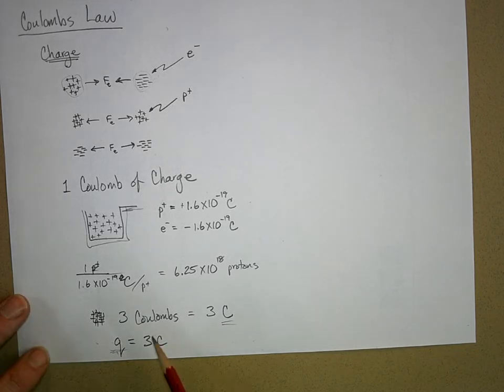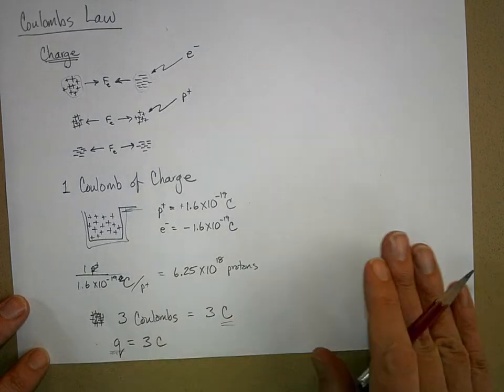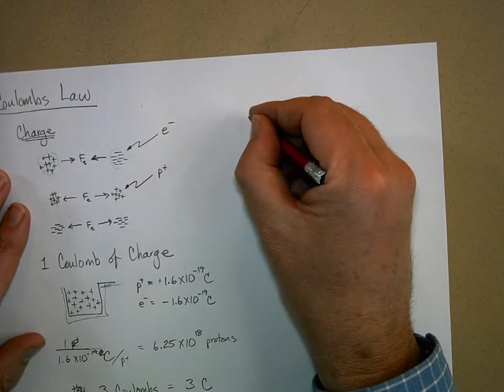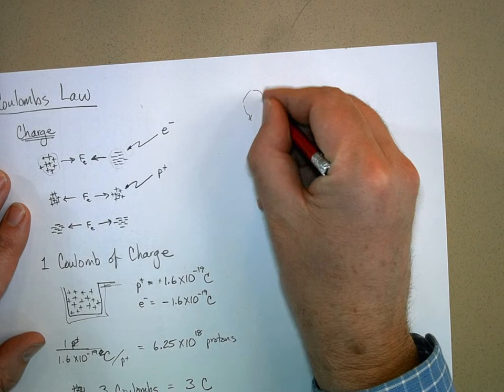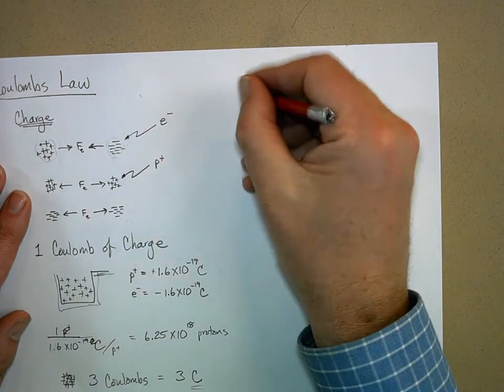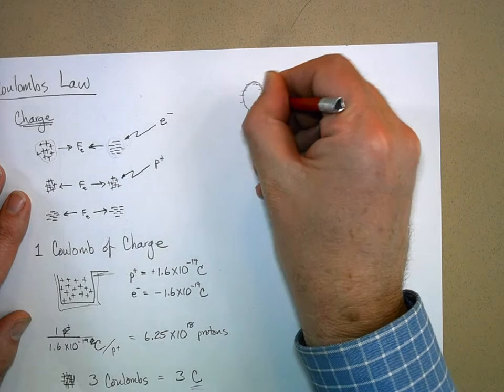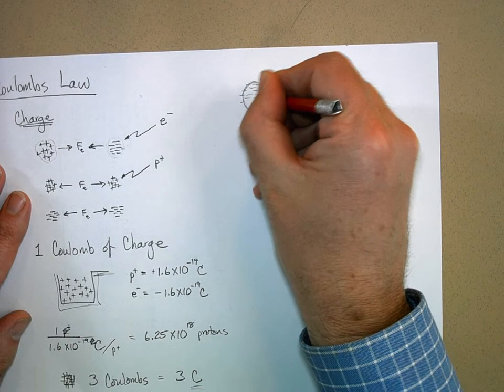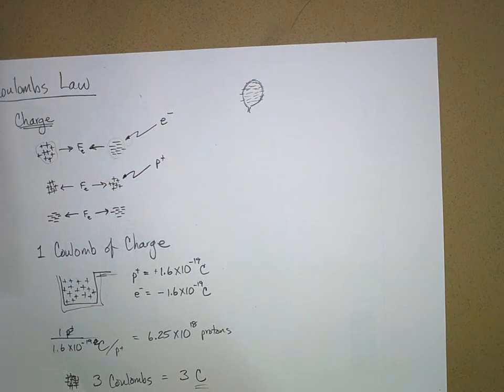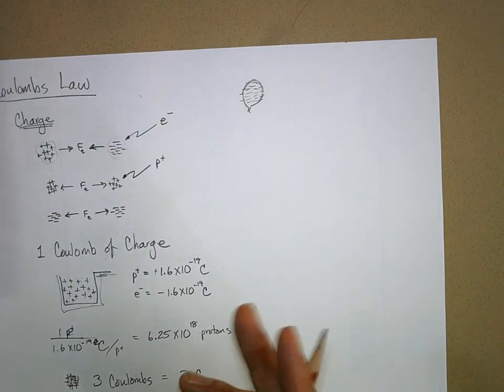All right. Now, let me tell you something. If I were to rub a balloon on my head, I would deposit a negative charge on the balloon, like this. So let's draw a balloon. And let's say I put some negative charge on there. Now, here's the thing. If I put 3 Coulombs of negative charge on a balloon, this would be a very bad day if you were anywhere near this balloon.